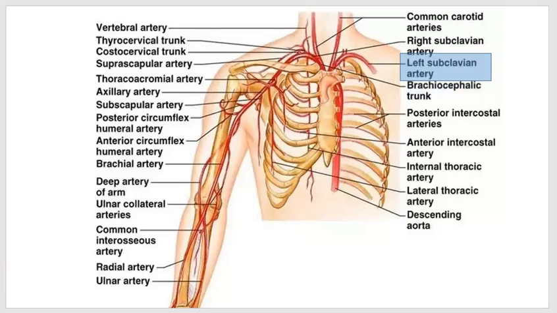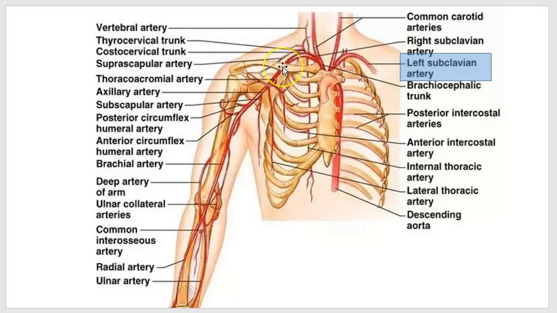Then we have our left subclavian. Your left subclavian branches off after your left common carotid, and then you have your left subclavian. Subclavian, what does that refer to? Well, it's going to be below the clavicle. And so you know where your subclavian is. Here you can see it running right underneath that clavicle.